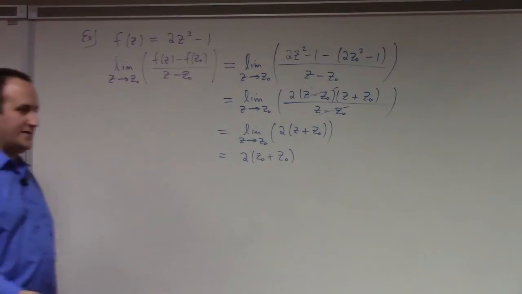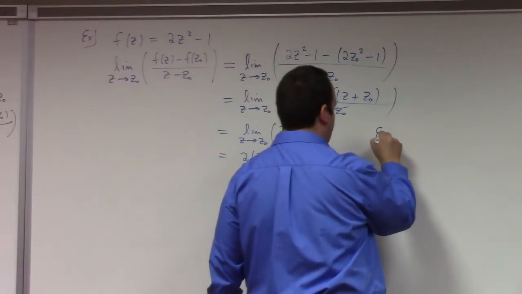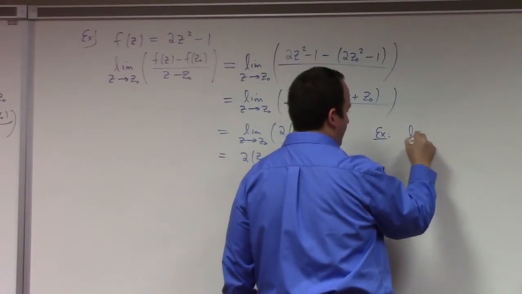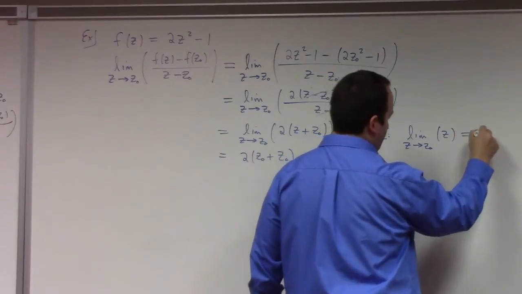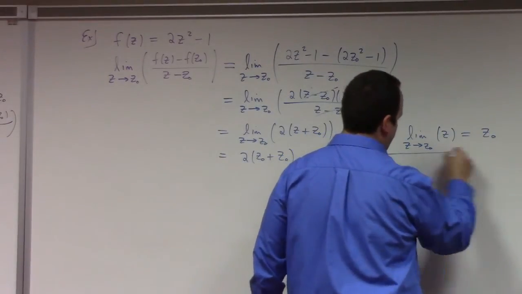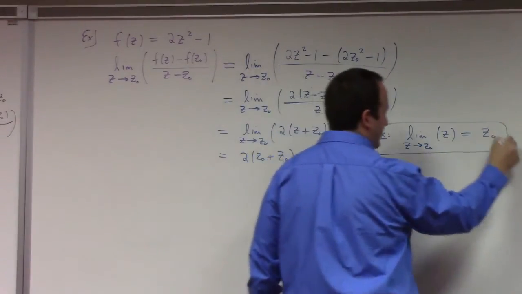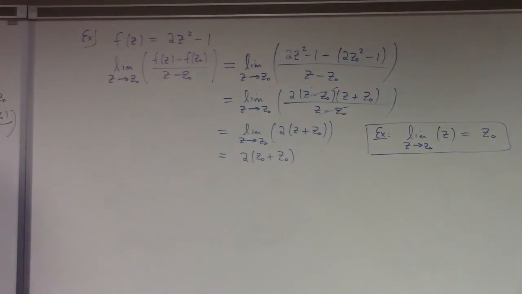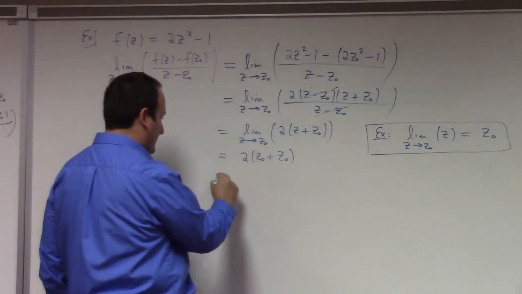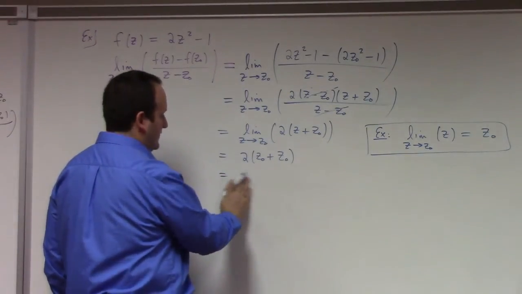By the way, here's a good exercise. Show that the limit as z goes to z naught of z is equal to z naught. I leave that as an exercise for the reader. Prove it from the epsilon delta definition. Hint, delta equals epsilon. So what do you get? 4z naught, right?